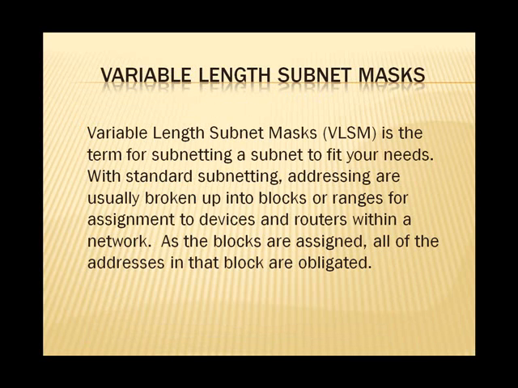VLSM is basically a way to maximize your addressing scheme within that same block of addresses that we were previously using, except the subnet masks don't have to match. The IP addressing in the subnet mask will be determined by the number of hosts you will actually need for each network.